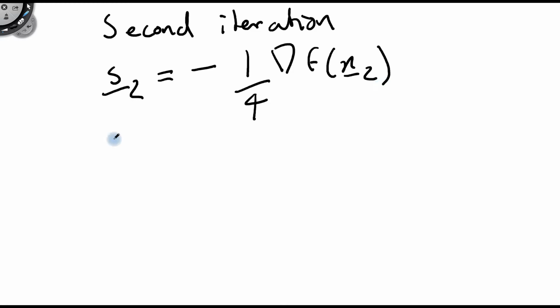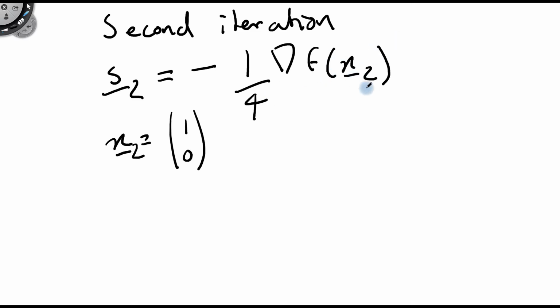So remember, x2 is simply 1, 0. It's that second position we got to. When you plug a vector into the function like this, you're essentially plugging in x is 1 and y is 0, and this is a very efficient way of expressing that.